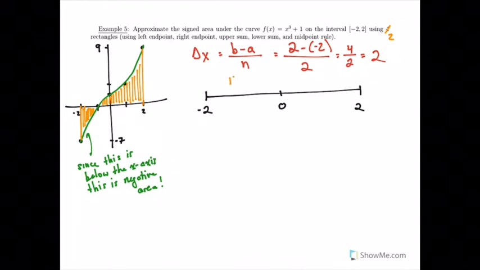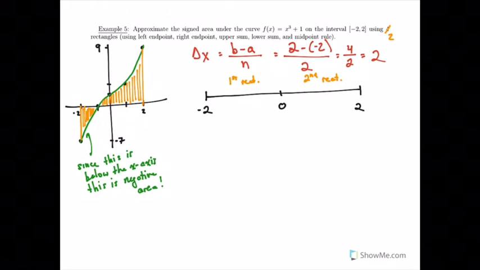This is the first subinterval, or the first rectangle, and this is the second rectangle. So we're going to be thinking about 5 different ways to think about which endpoint, which value we're going to use. The left endpoint, the right endpoint, the middle point, the lower sum, and the upper sum. So let's think about each of those separately.